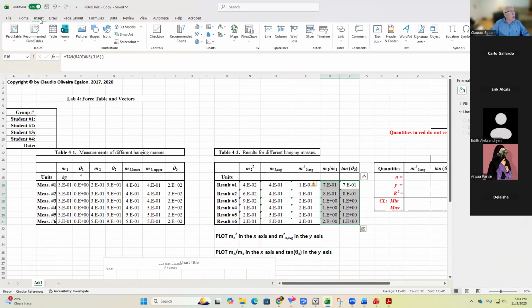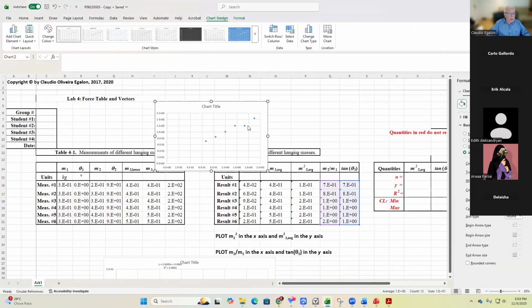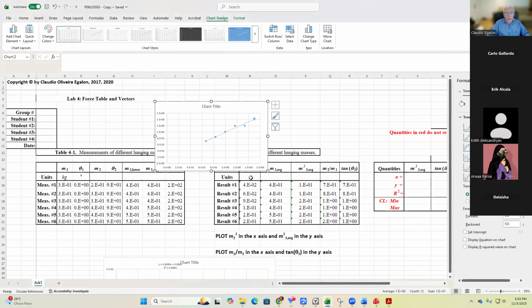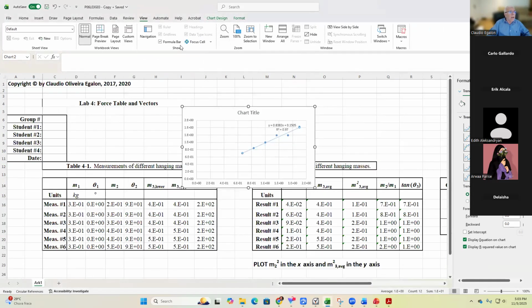If I plot it, chart, I get kind of an outlier here. Looks like everything else falls in the right direction. Let's see what equation we get for the slope. Let me zoom to 150%, it's too small for me.